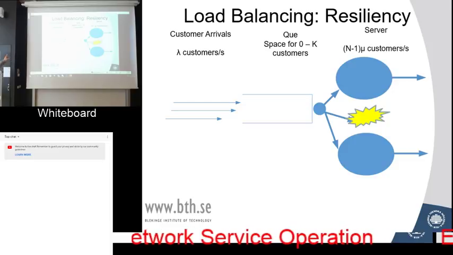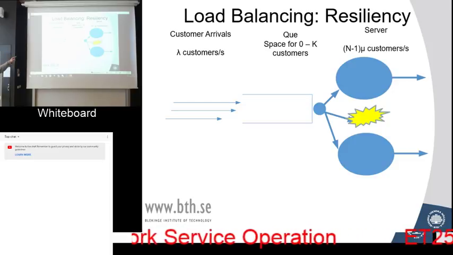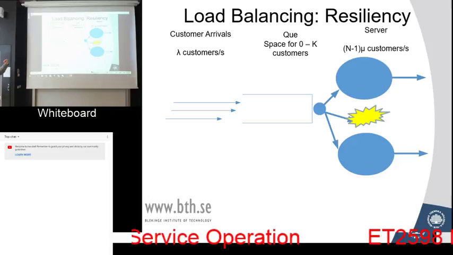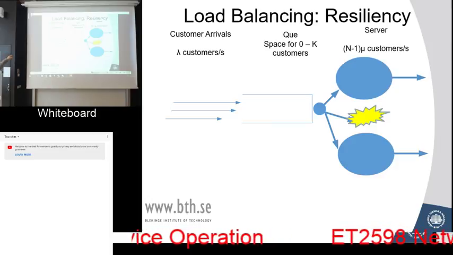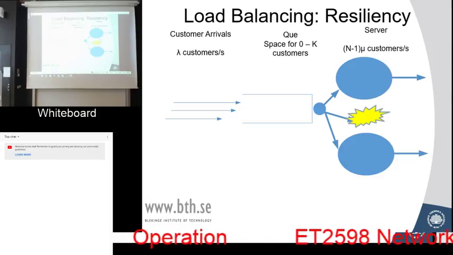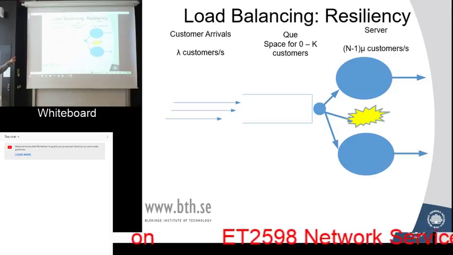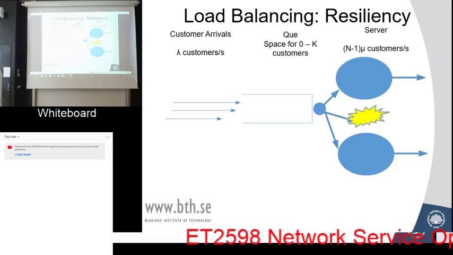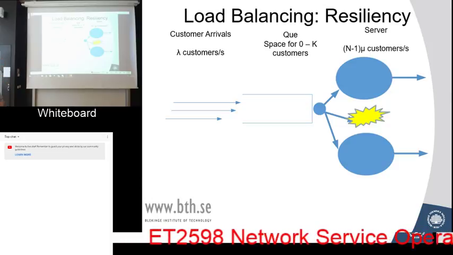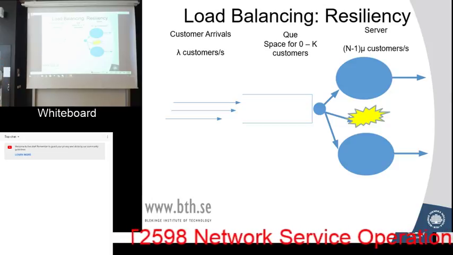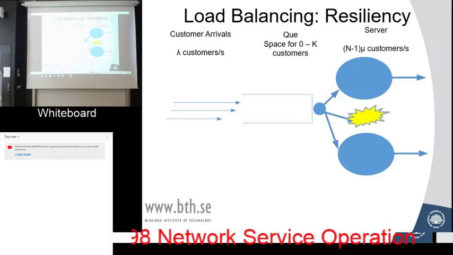And as long as n minus 1 times mu is greater than lambda, they are still being treated and they will not perceive queuing.